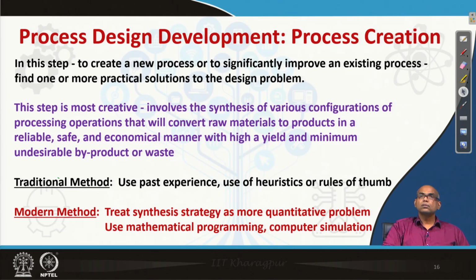Traditional methods use past experience, use of heuristics or rules of thumb. Modern methods treat the synthesis problem as a quantitative problem and use mathematical programming and computer simulations to come up with best solutions or more optimal solutions.